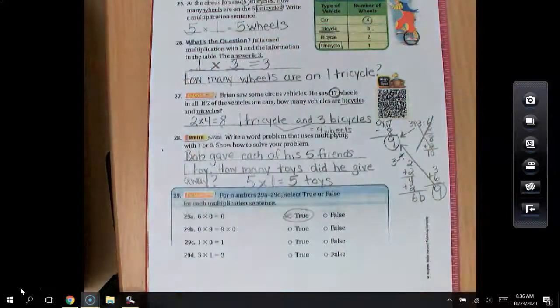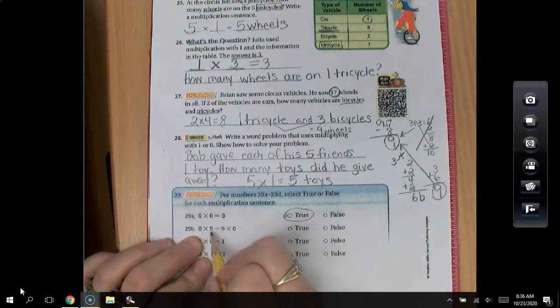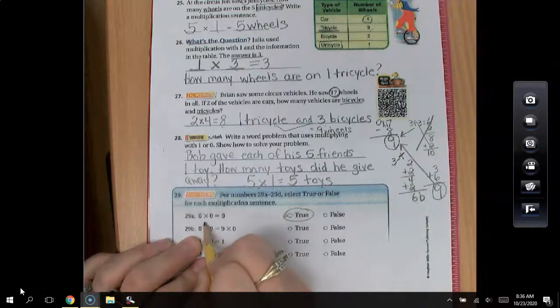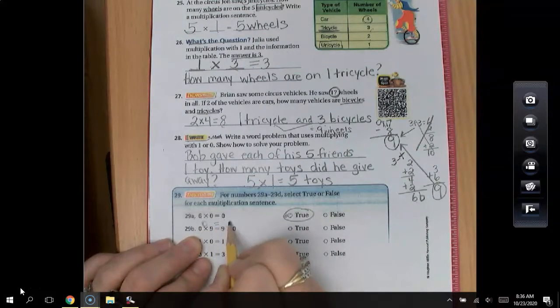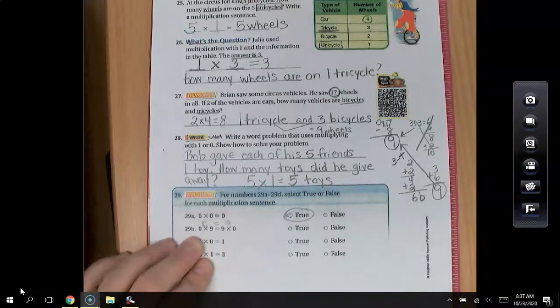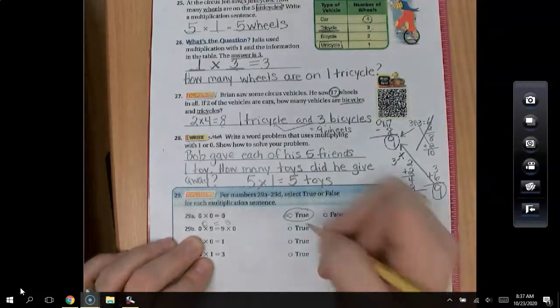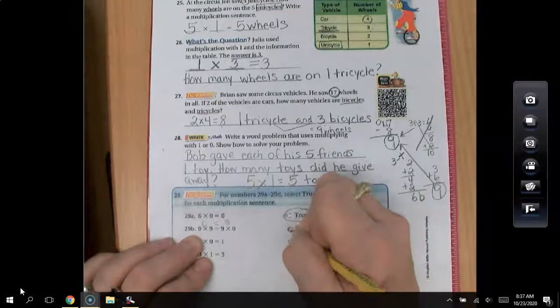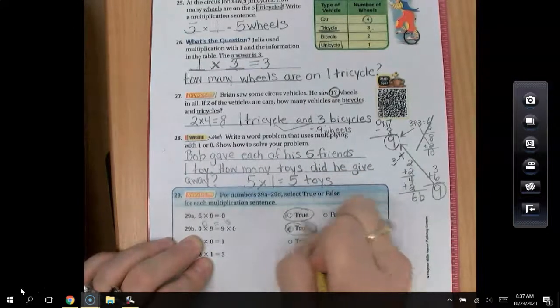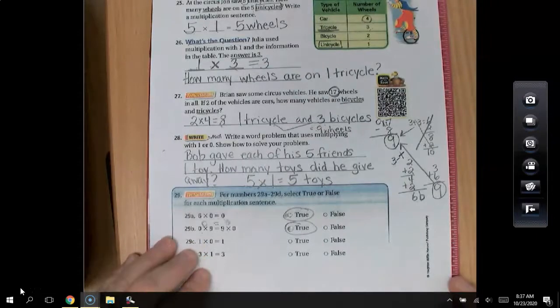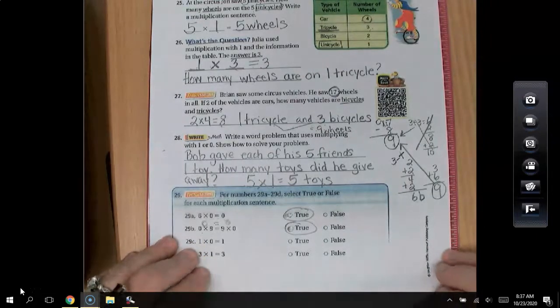Is that true, boys and girls? You could figure it out. 0 times 9 is 0 equals 9 times 0 is 0. Is that true? Yeah, that's true. That one is true as well.